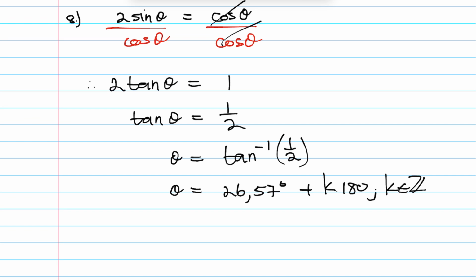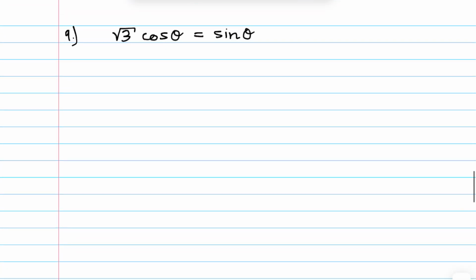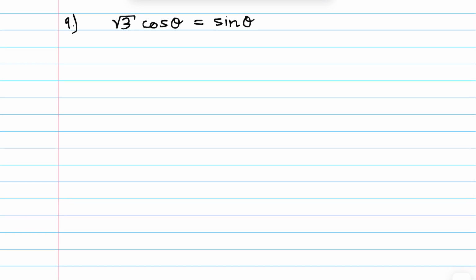Let's practice this one more time. Okay, so here you see a very similar type of equation. You have sine on the one side, cos on the other side. Divide both sides by cos theta, and you are left with, in this case, tan theta on the left hand side and square root 3 on the right hand side.